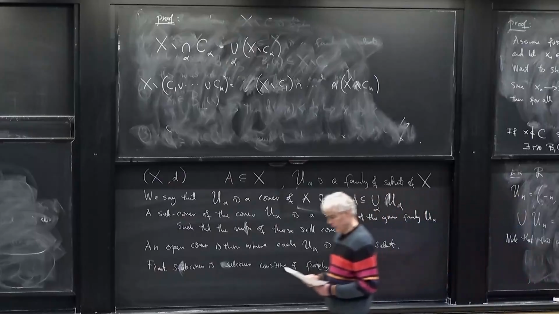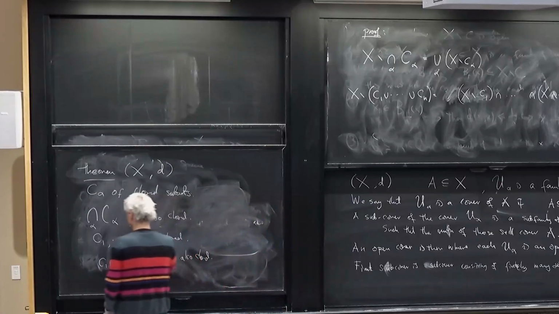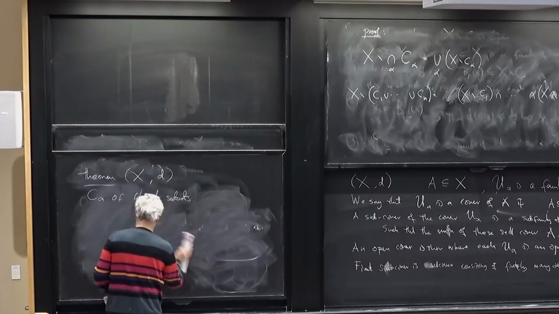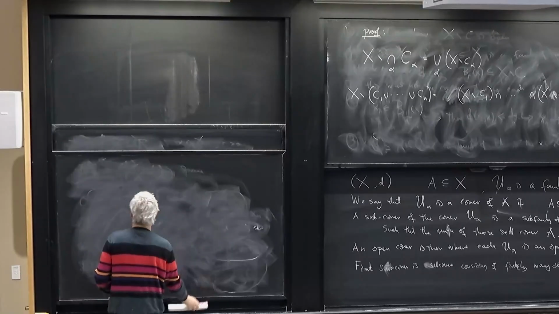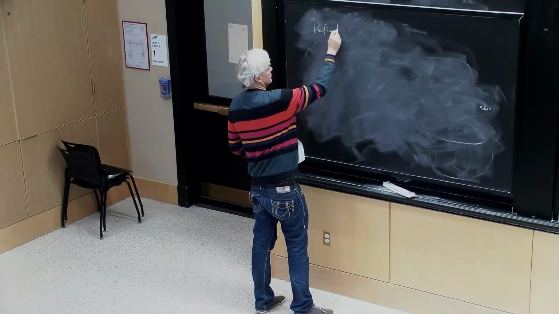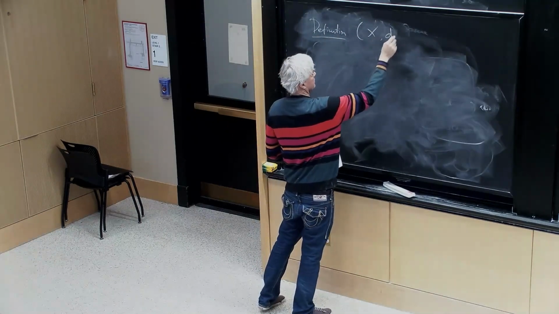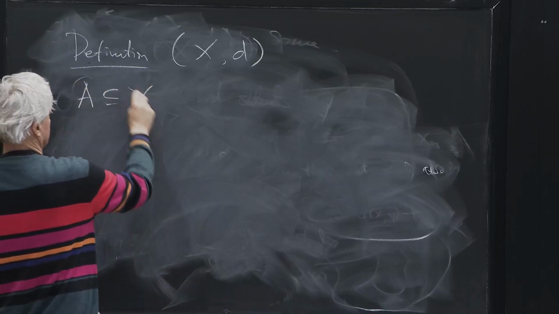Okay, so this now leads to the definition of compactness. So (X, d) is a metric space. A here is a subset.